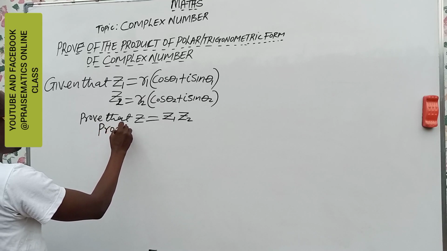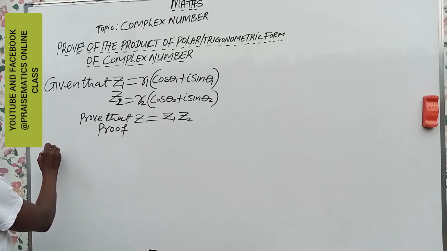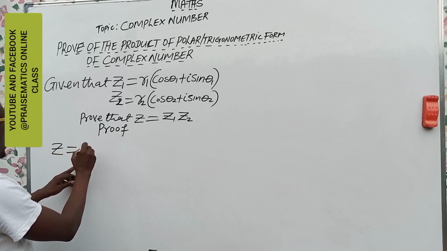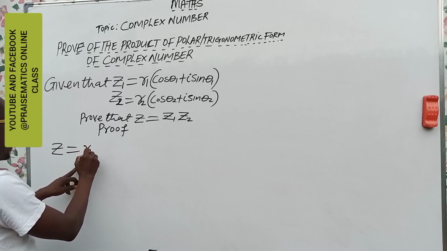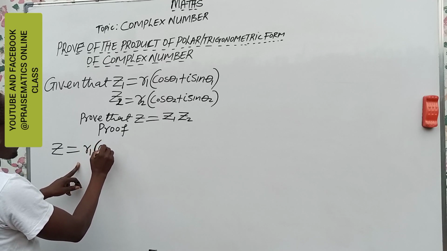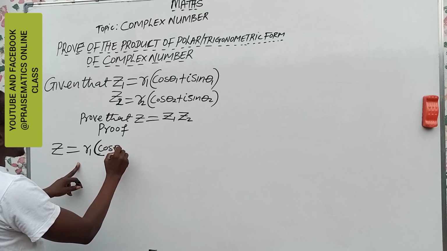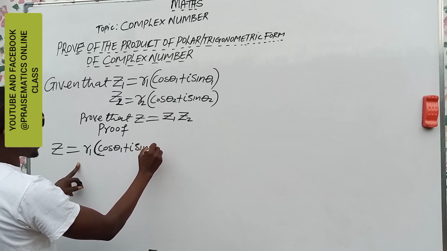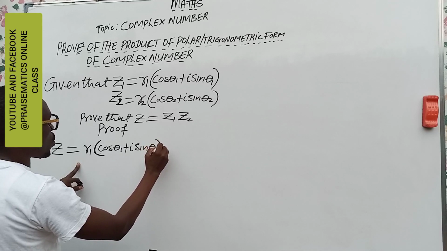Let's start. Proof. Now we have that Z is equal to Z1, which is R1 into cos theta 1 plus I sin theta 1. Close it.